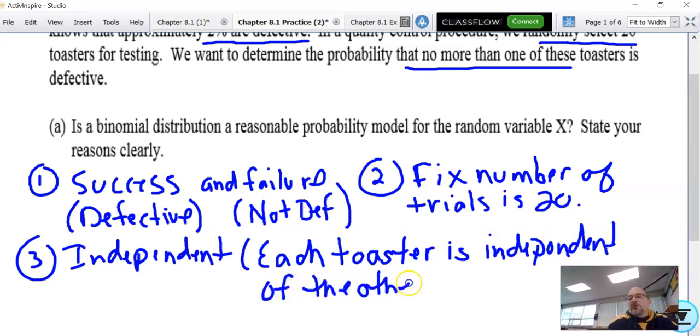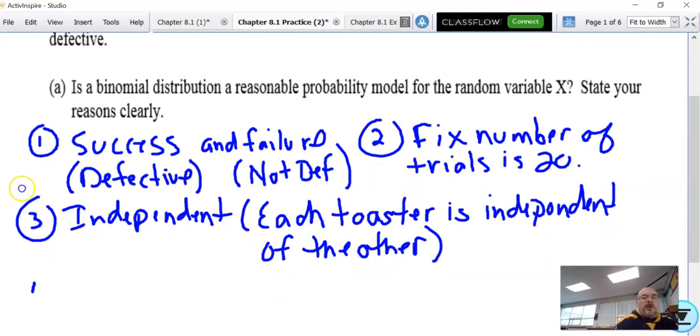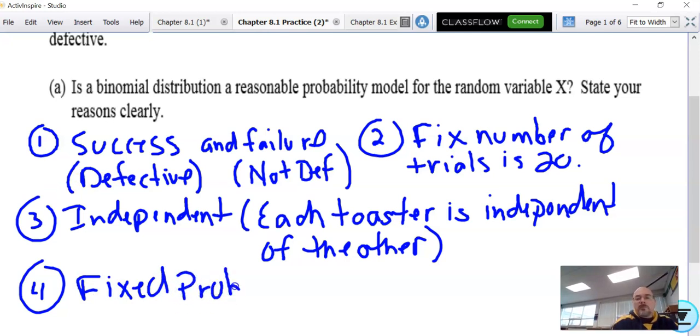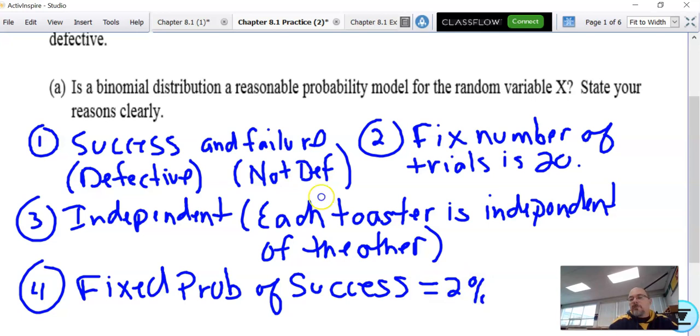Think about it. One toaster cannot influence the other toaster being defective. Number 4, fixed probability of success. Well, the fixed probability of success is 2%, or 0.02.